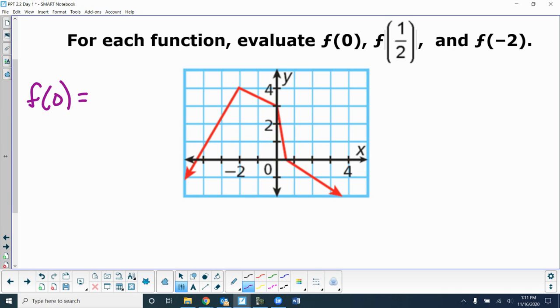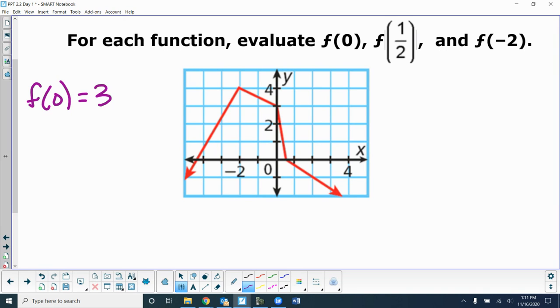So, look at where x equals 0 and then find the red line. So you go find where x is 0 right there, then go find the red line, it's up there, that's 3. That makes sense?